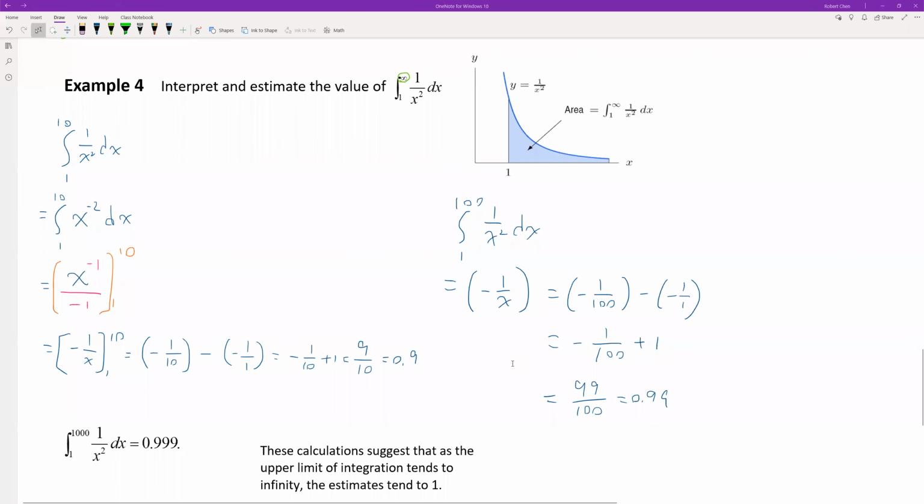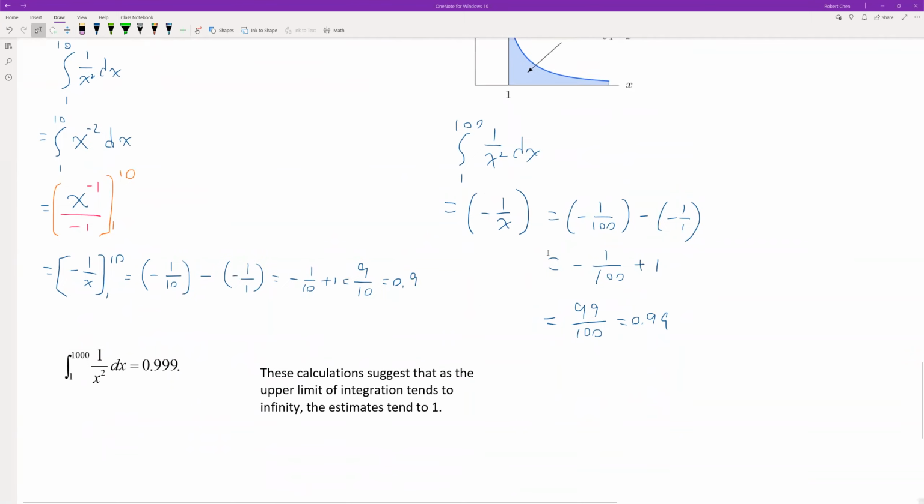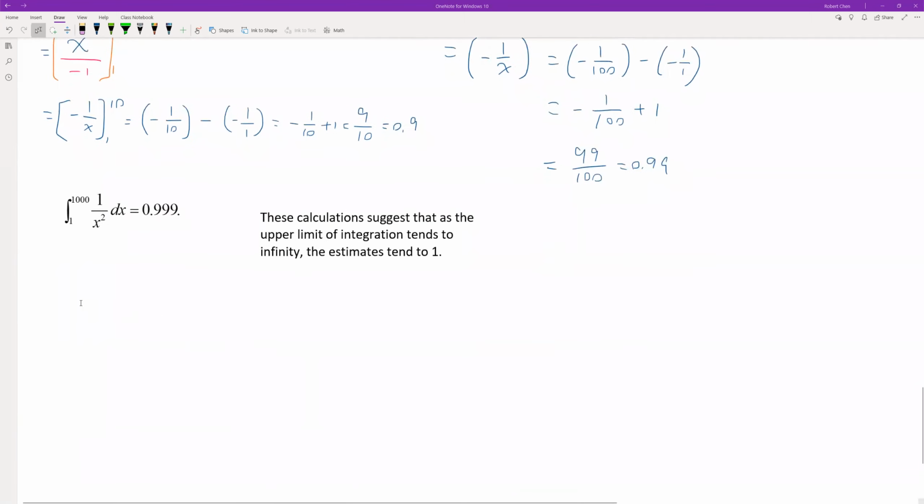Something a little interesting: we don't actually say that the area is equal to 1. We say that the area converges to 1. So we say that the improper integral converges to 1.